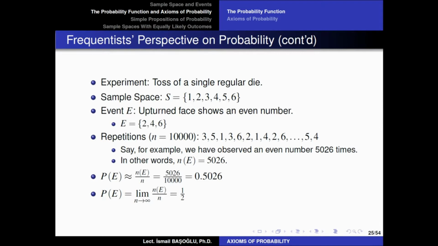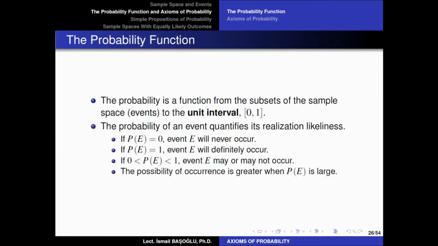Now, there are other definitions of probability function based on the subjectivist perspective. However, in this course, we are going to assume the frequentist perspective to define the probability function. Now, the probability function is basically what?